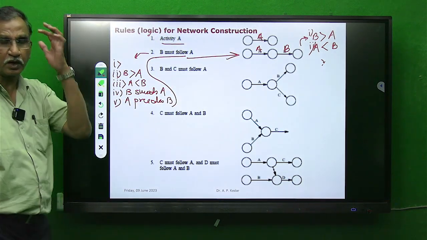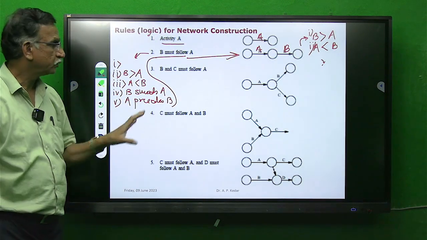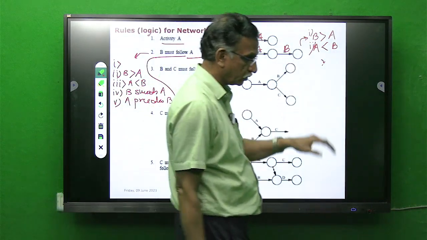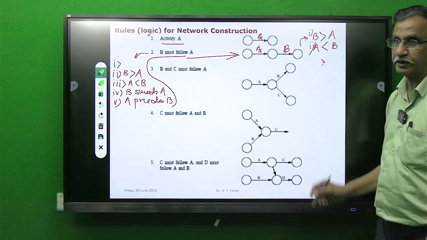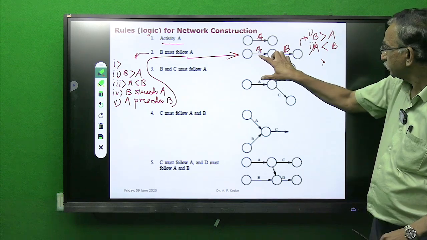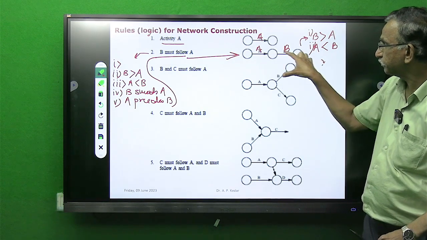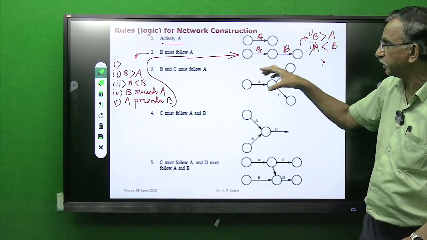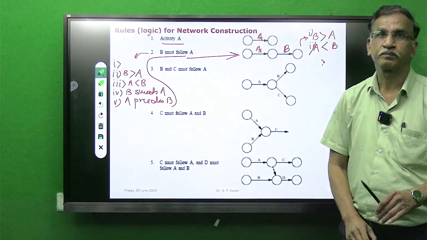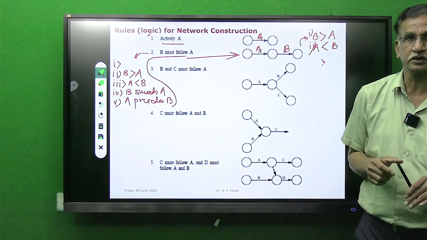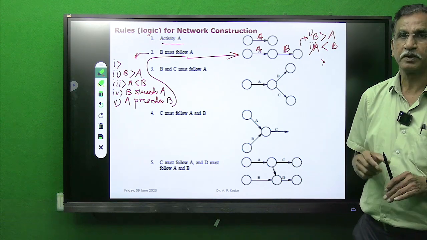That's what I wanted to emphasize. This is what is called the logical relationship, and this is the logical sign. The same diagram is explained in five ways. You must understand this. Keep this in mind.